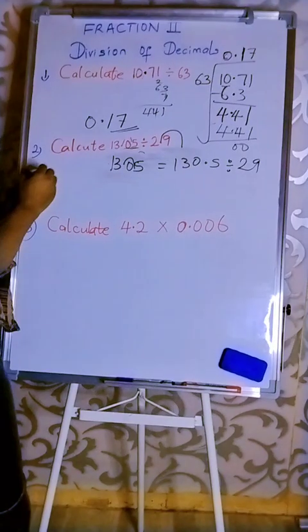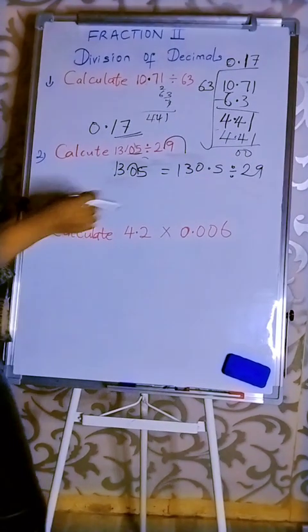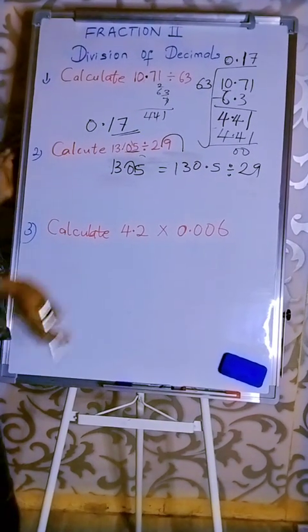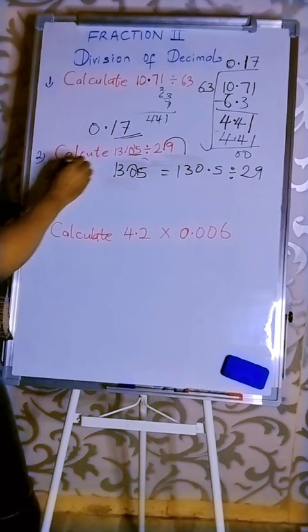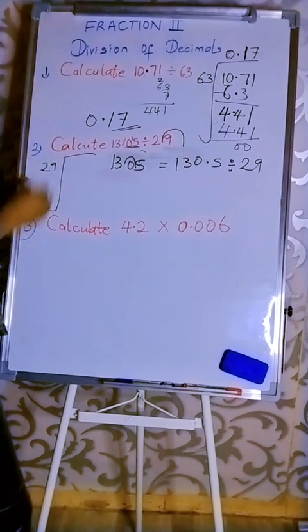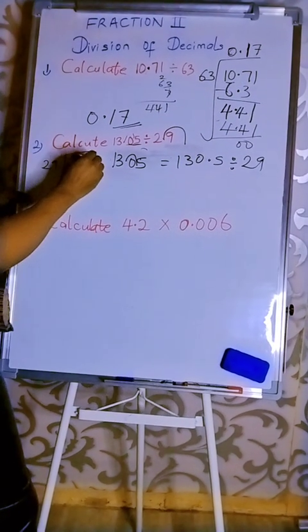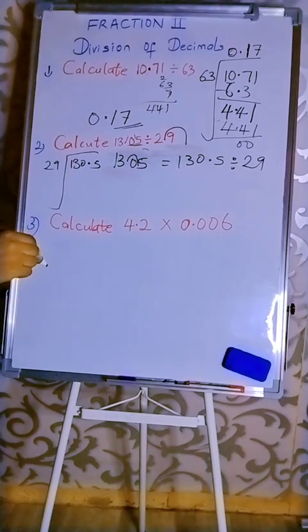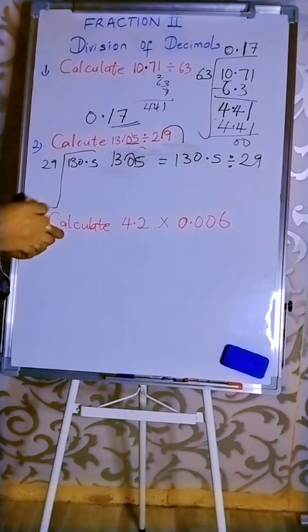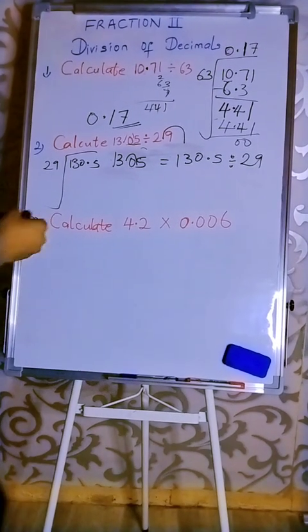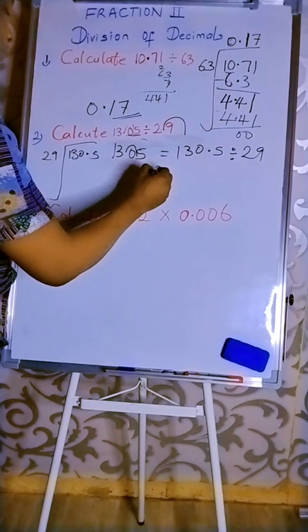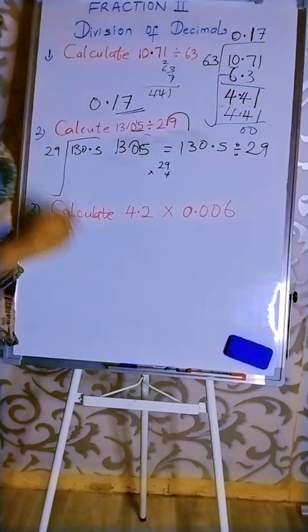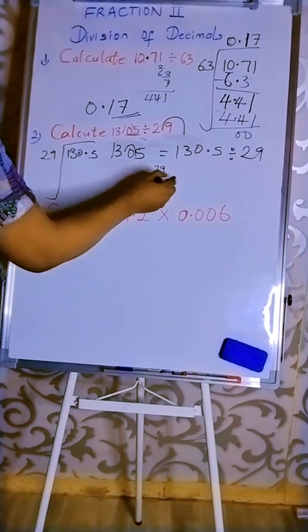So let's continue. Now this is the divisor and this is the dividend. Using the long division method, we have 130.5. 29 divided into 130, what do we have? Let's assume we use 4. Just look for the closest number to it, multiply it and know what it is.